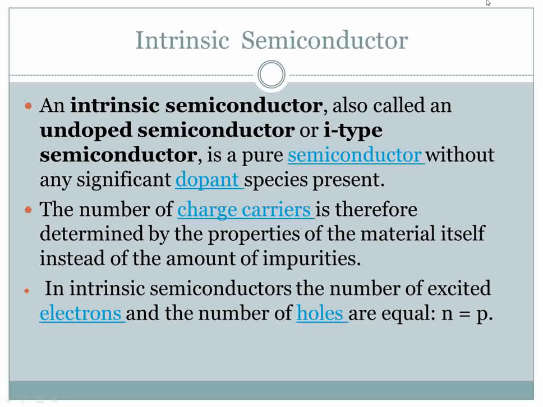As thermal energy is not available at 0 degree Kelvin, no electron from the valence band can jump into the conduction band. Therefore, a pure semiconductor material behaves like an insulator at 0 degree Kelvin, or minus 270 degrees. But as the temperature increases, thermal energy is supplied to the electrons so that free electrons become available, so it is like a conducting material.